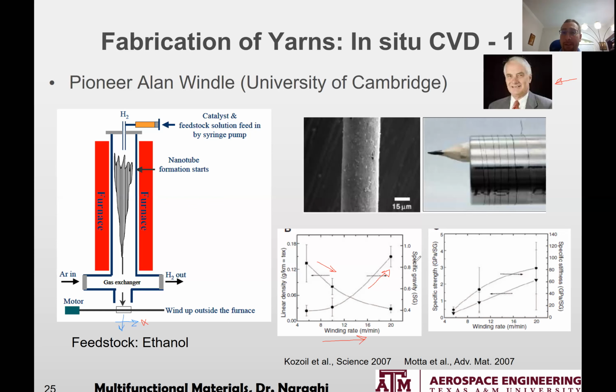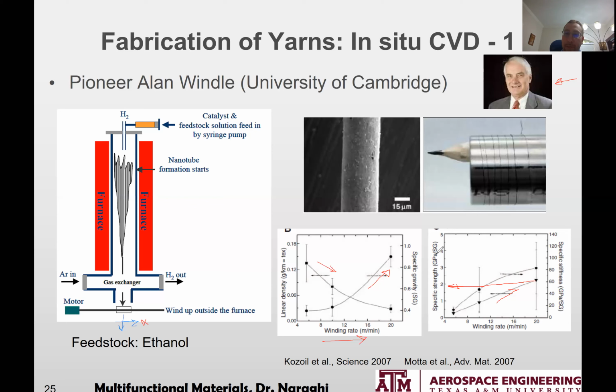Now, the other very interesting thing is, for instance, the specific strength, which is this graph that I'm showing you here, this bottom one. At very high winding rates, they ended up reporting a strength of about 2 gigapascal per specific gravity. These are specific strength values, okay?